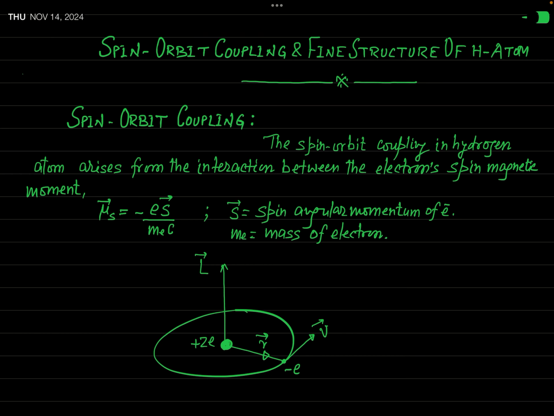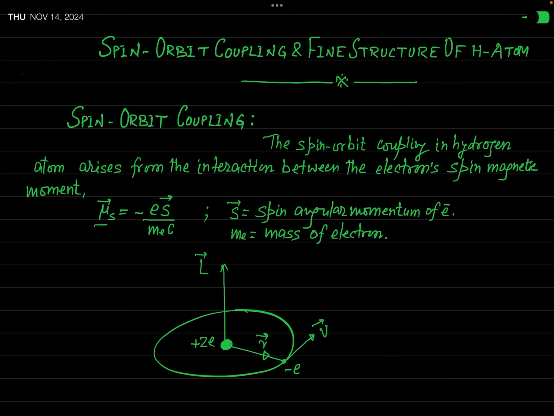The spin orbit coupling in hydrogen arises from the interaction between the electron's spin magnetic moment mu_s, which is given by this formula, and the magnetic field produced by the proton or the nucleus of the hydrogen atom. But one can think that the proton is stationary, and classically a stationary charge does not create a magnetic field.